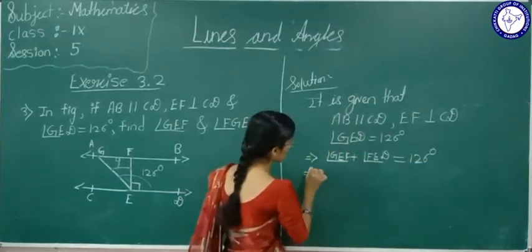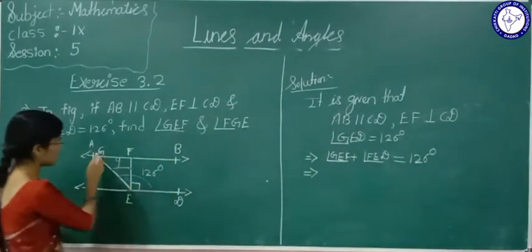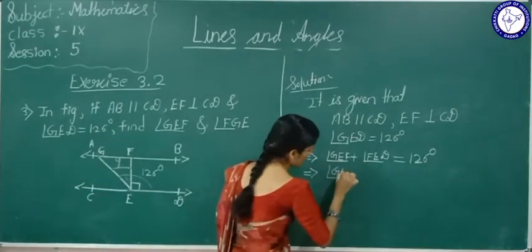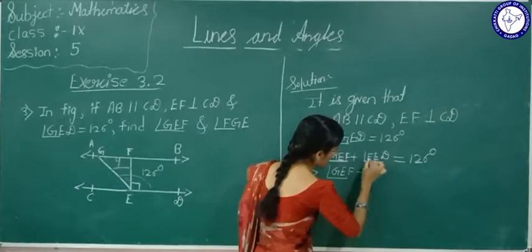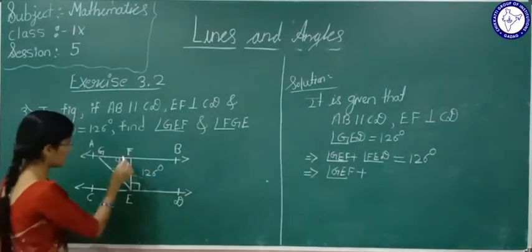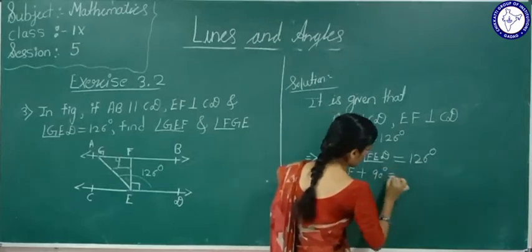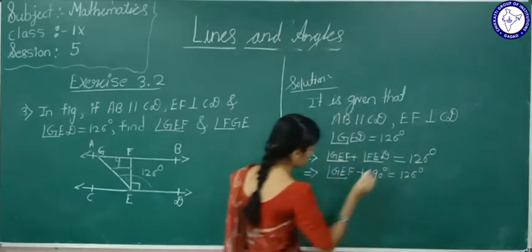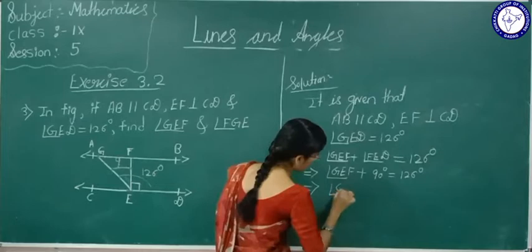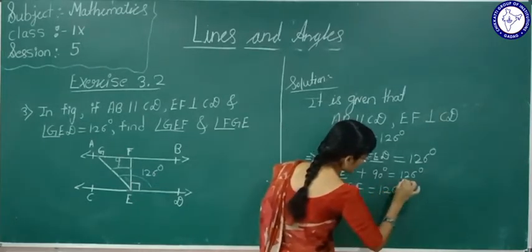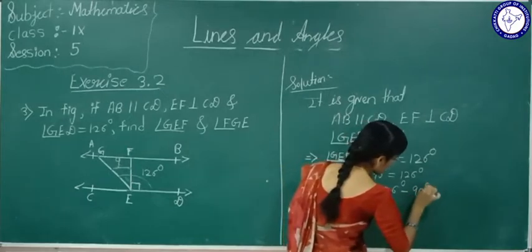Now tell me, what is GEF? GEF only we are finding. What is angle FED? FED is 90 degrees. So GEF plus 90 degrees is equal to 126 degrees. So this implies angle GEF is equal to 126 degrees minus 90 degrees.